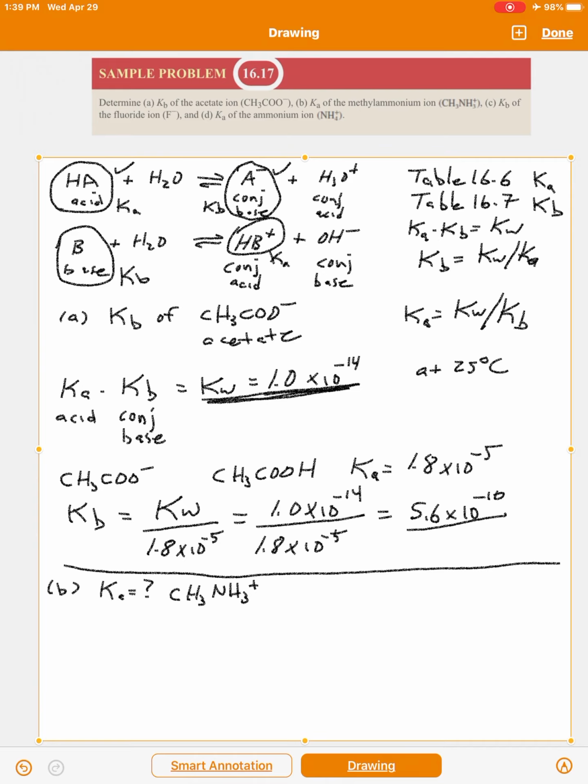We take off the H+, and that gives us the base. Without the H+ is the base, and with the H+ is the acid. So we see if we can look this up anywhere. We go to table 16.7, and in fact, methylamine is there. Kb is 4.4 times 10 to the minus 4.